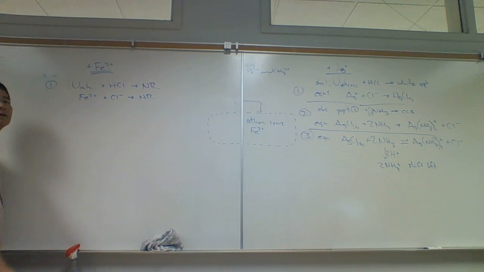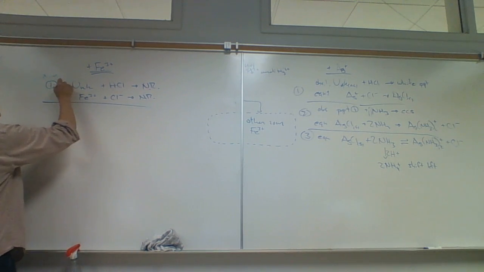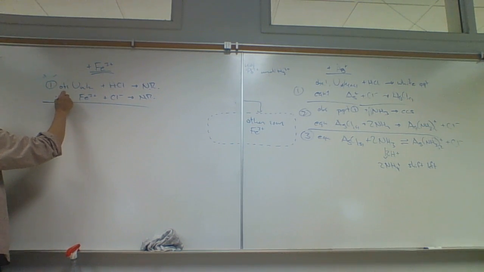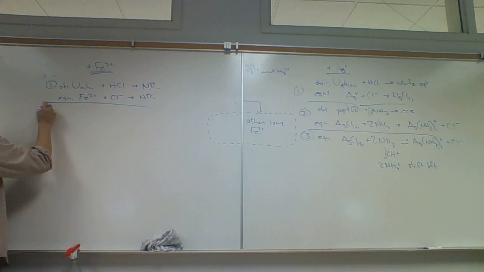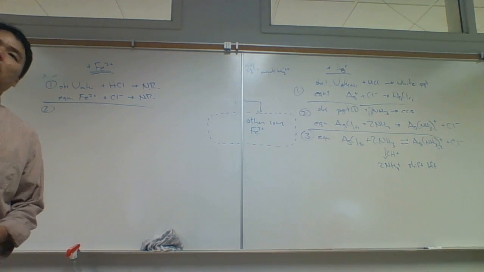No precipitate there. That's important because that's the first step in our analysis. That's how we separate the iron from the silver. If the iron also reacted with the chloride, then we might not be able to separate it from the silver, right? So this is our observation, and this is our equation here. All right, what's next? What do we do to the solution?